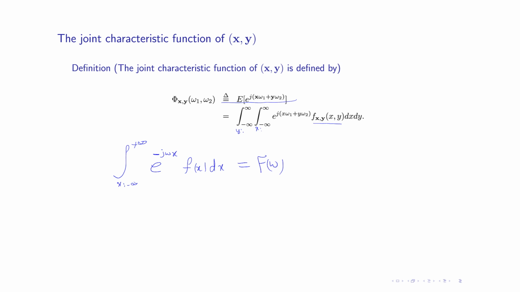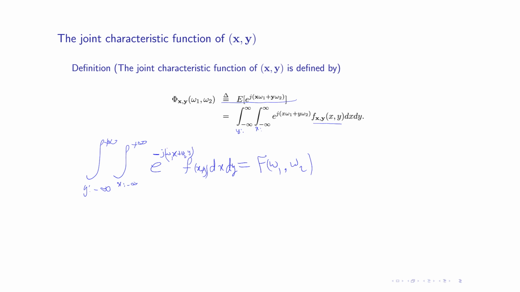Now, if you had a function of two variables, f of x and y, and we wanted to do a 2D Fourier transform, we would have minus j(omega 1 x plus omega 2 y). Of course, here it is plus and j. In that case, you would do another integration with respect to y from minus infinity to plus infinity, and this would be a function F of omega 1 and omega 2.